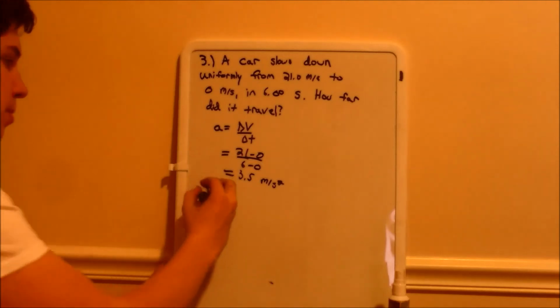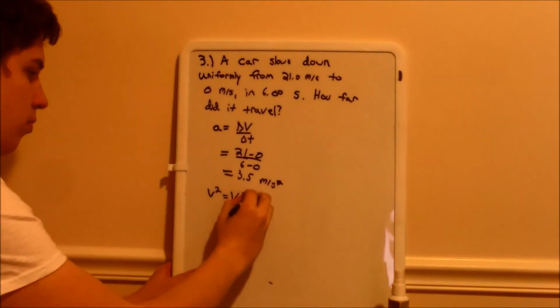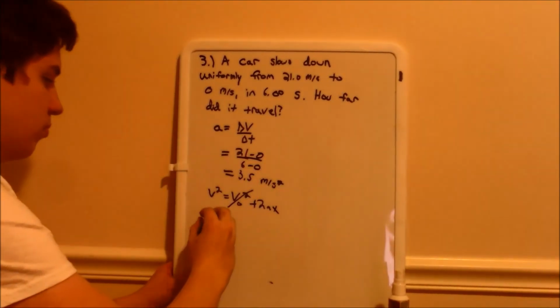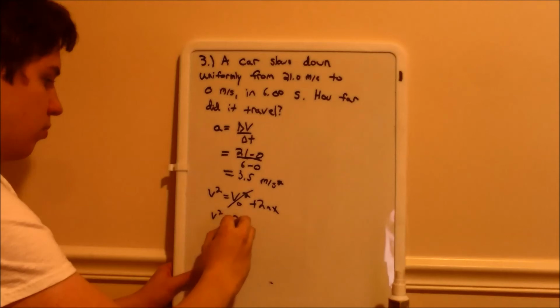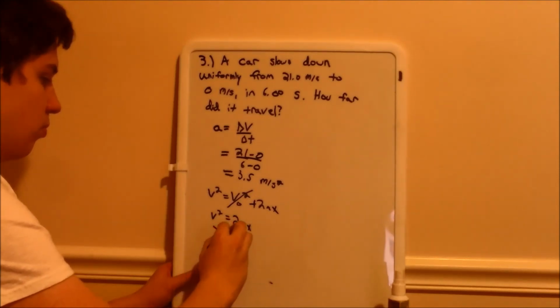Next, we will use the equation v squared equals v initial squared plus 2ax to solve for distance. I will cross out v initial squared because it's just 0. Rewrite the equation as v squared equals 2ax, and then say x equals v squared over 2a.